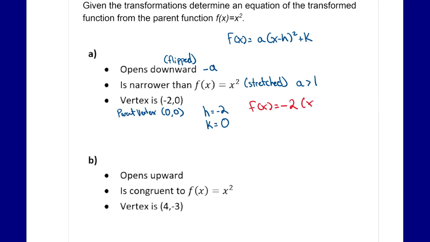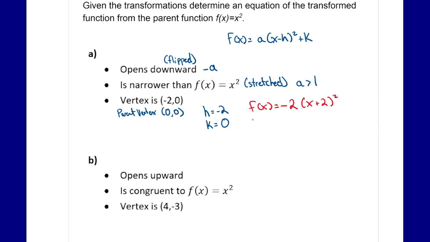We have our x, and because we have a −2 for our h value, that's the same thing as saying minus −2 in the brackets squared, but I can rewrite minus a negative as just plus. So plus 2 squared, and then I could put plus 0 after for that k value, but I don't need to show that because it doesn't really affect anything.